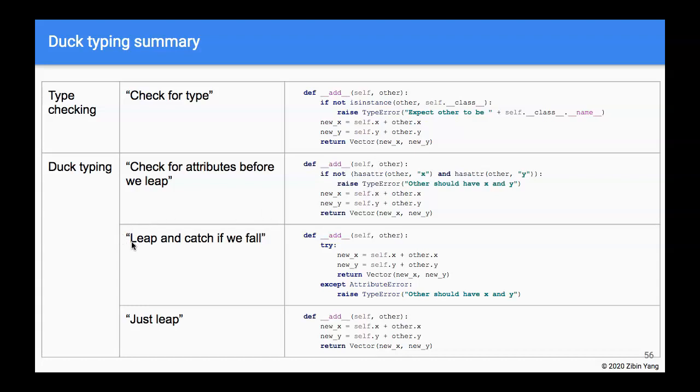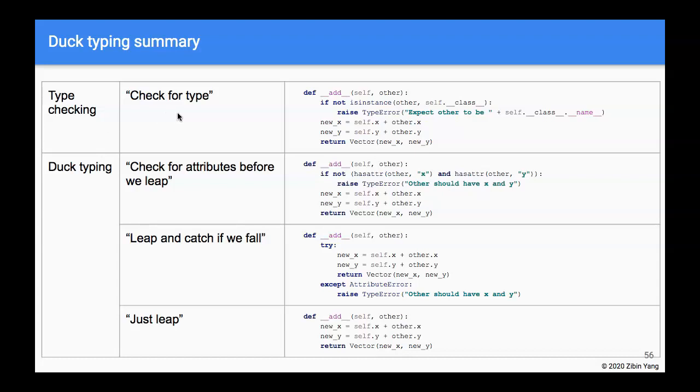The second one is, let's just do it, but we'll put our code in the try and except block, and then if there's an exception with regard to some of these attributes, we raise another exception to report the error. And the final approach is we'll just do it and let whatever exception there is be raised.